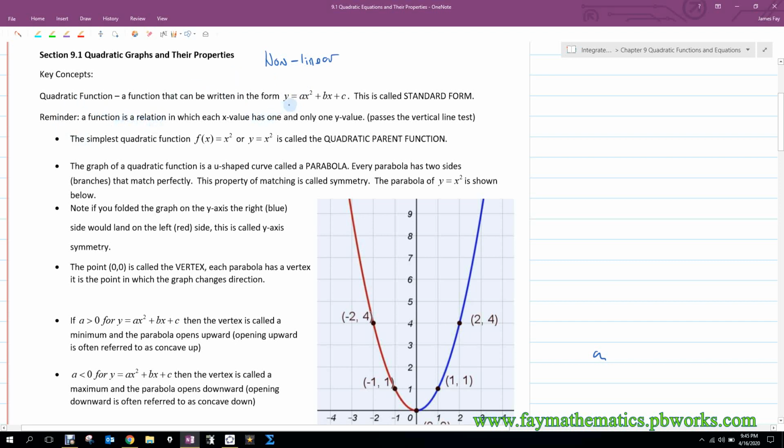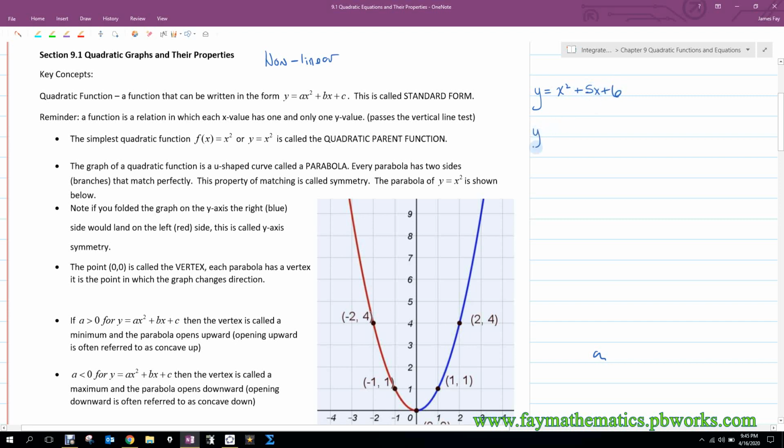A quadratic function can be written in the form y equals ax squared plus bx plus c. When it's written this way, that's called standard form. In the last chapter we worked on factoring that. So let's say we had y equals x squared plus 5x plus 6.